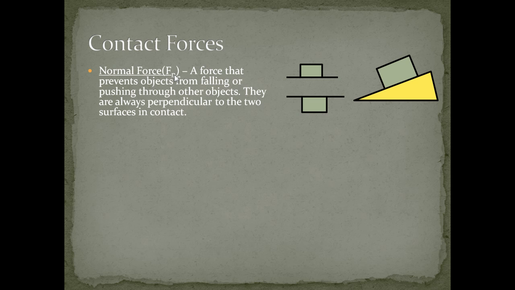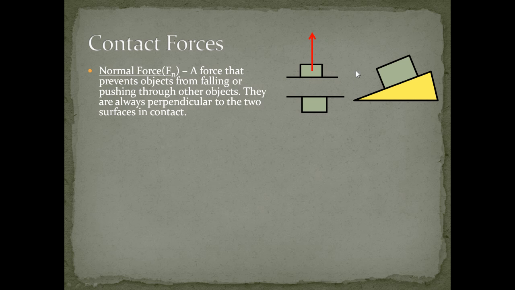Whenever I put an object on a table, the force of gravity is pulling it down, but the normal force prevents it from going through the table or accelerating downwards. Now, in this first scenario, I have a block sitting on a table, and if I were to draw the normal force, it would look something like this. Notice its magnitude, and notice that it's perpendicular to the surface or the table.